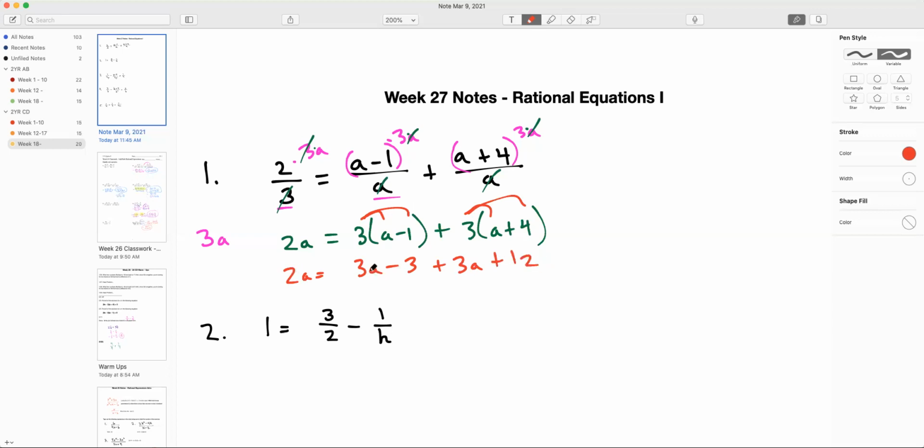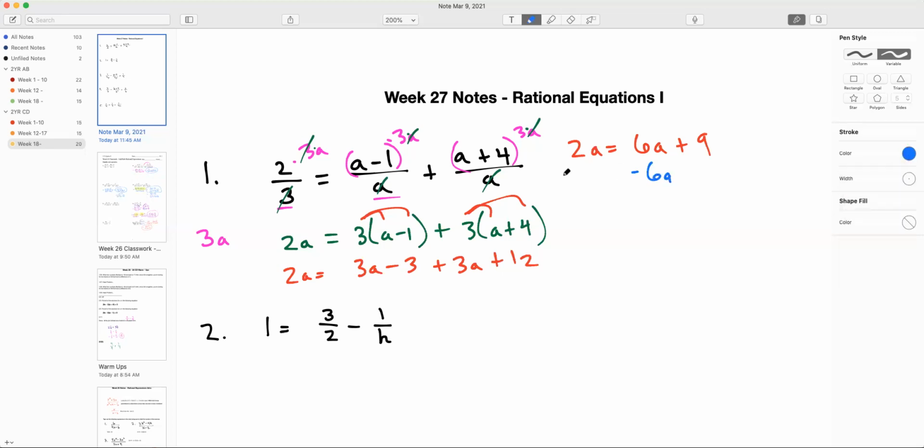And then we're going to combine like terms. So 3a plus 3a is 6a. I'm going to bring it up here. We're going to have the 6a, combining like terms, guys. 12 minus 3 is 9. And then we simply finish with a different color.